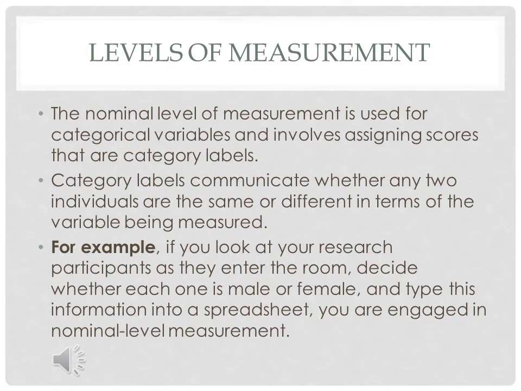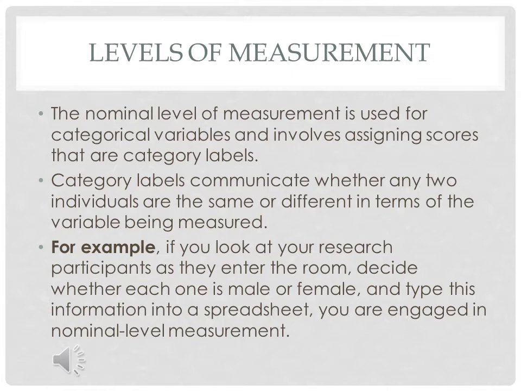The nominal level of measurement is used for categorical variables and involves assigning scores that are category labels. As we described in the previous point, for each class a single number is assigned, all the members of that class are the same, and the number cannot be given to another class.